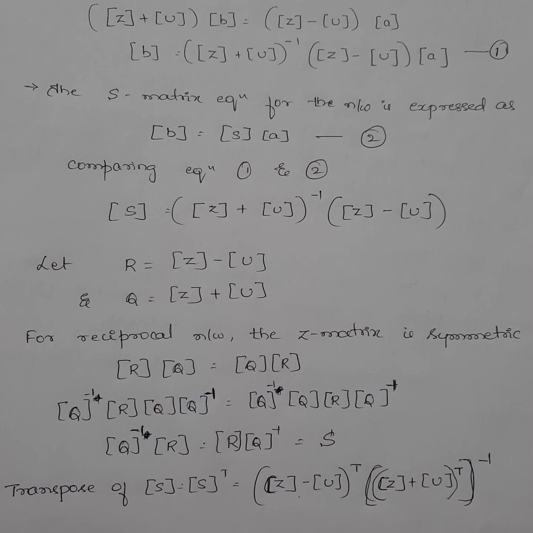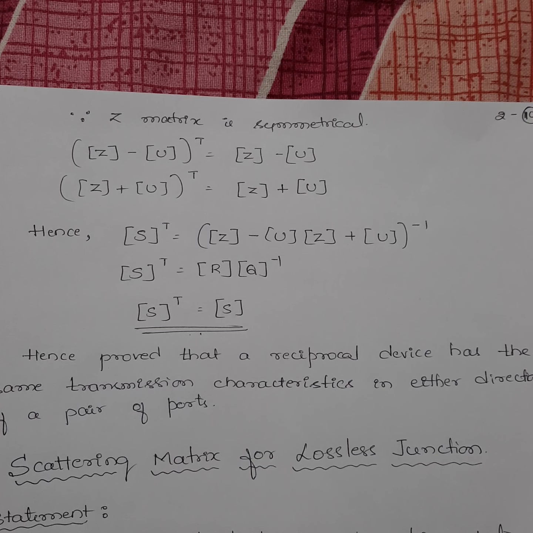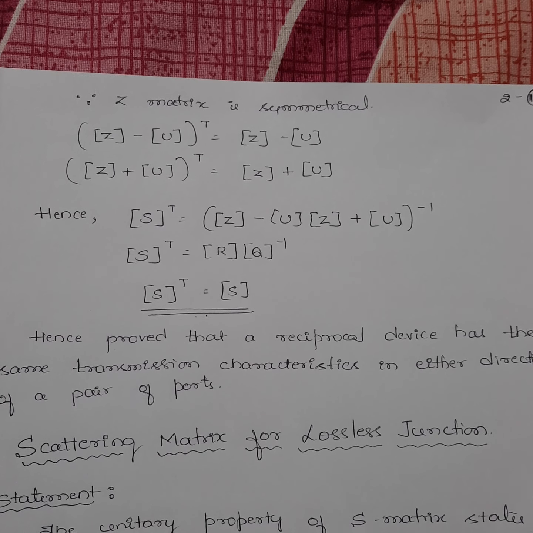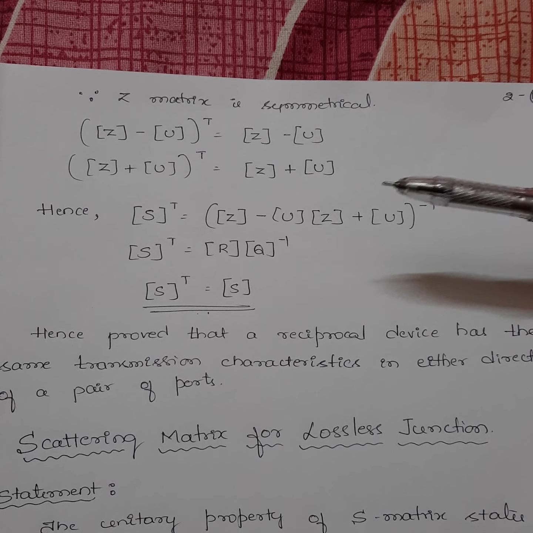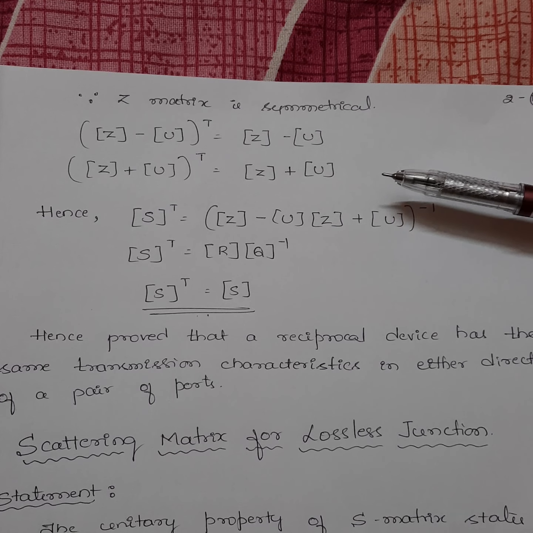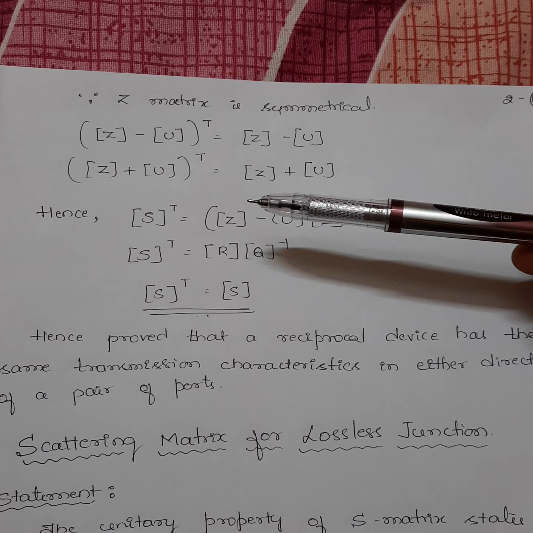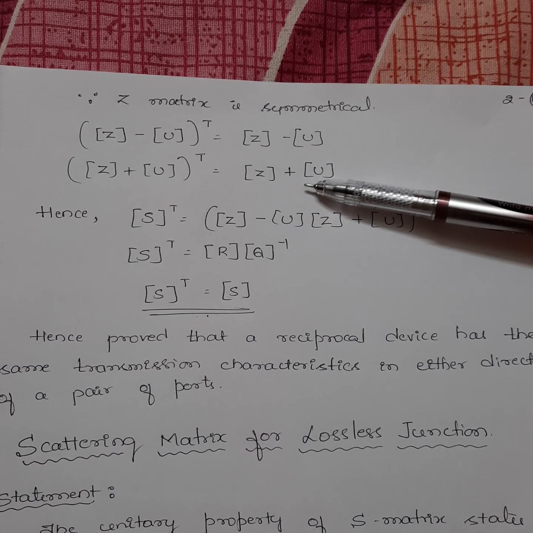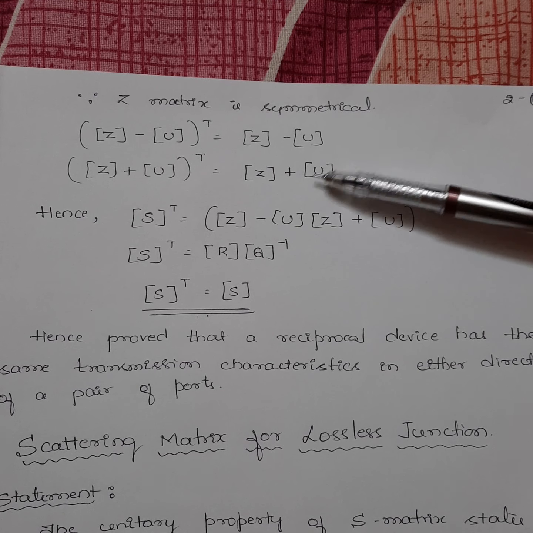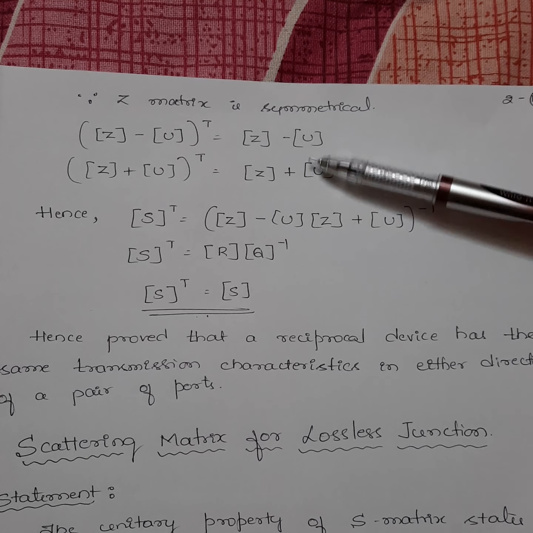Since the Z matrix is symmetrical, we can write Z minus U transpose is equal to Z minus U, simply. And Z plus U transpose means Z plus U. Simply we can represent them like this.